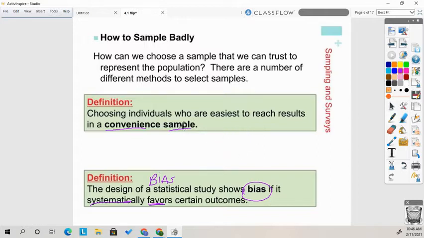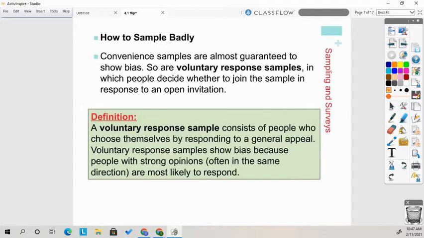Let's say that the next morning you did the gym lot and asked those people if they were happy. Well, if you're in the cove, maybe those people were happier because they really wanted that cove spot. So a bias is any time you did something wrong in your sampling that will favor a certain outcome. Convenient sampling almost always guarantees a bias, almost always.